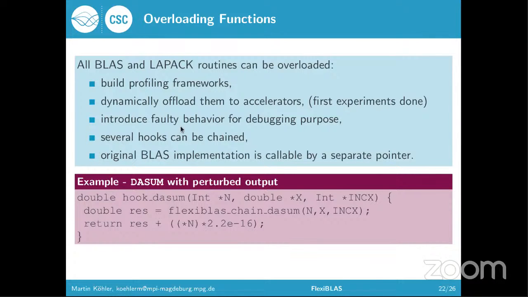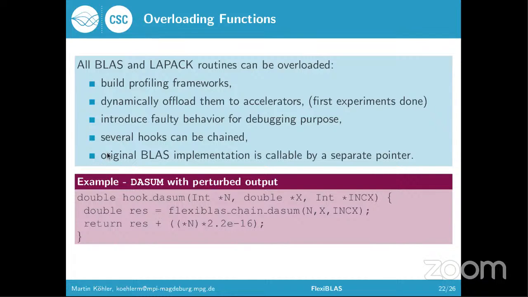The overall stuff, as I said, could be chained. So you could set up many hooks calling each other until the final one is loaded, and this one then executes the original BLAS library.